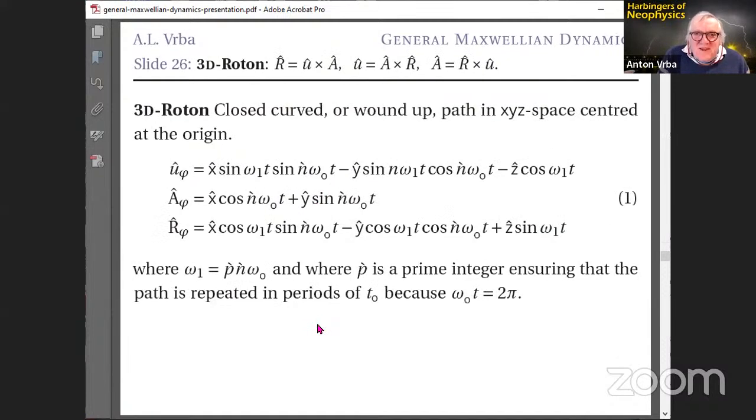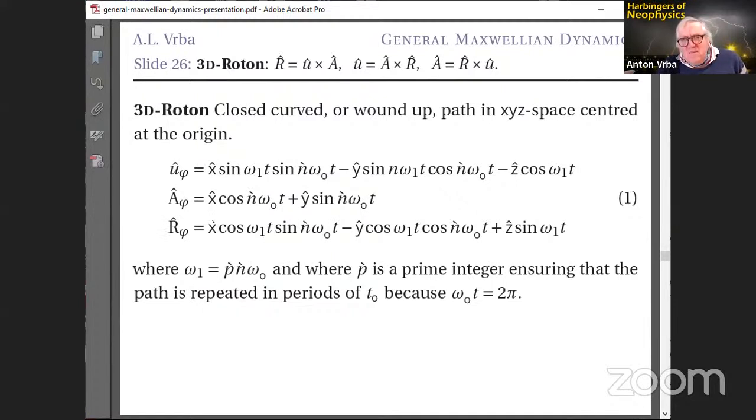And then we have the three-dimensional roton, which is a closed curve or wound up. So we've got here the unit velocity vector. These would be spherical coordinates.